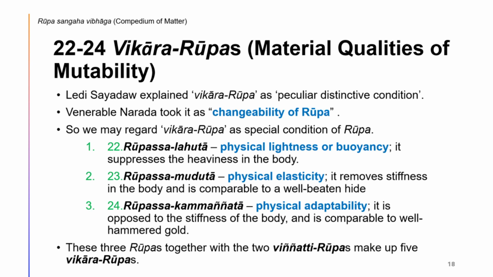When there is a small tunnel or hole snaking all the way into a cave, there are certain people who have the capability to bend and twist like a snake and reach the other end. So humans have this feat to perform. These three rupas together with the two Vinati rupas make up the 5 Vikara rupas.